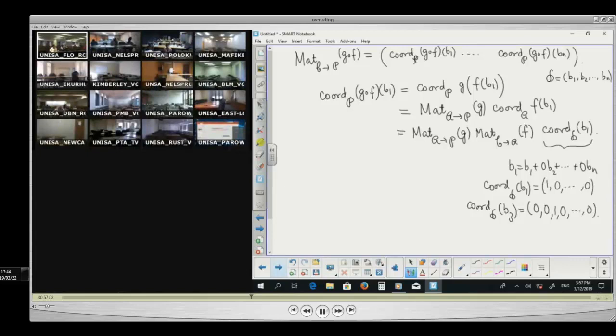This matrix times this is the first coordinate, the first column. For the second one, B2, the second column. But now if you write the coordinates of B1, B2, Bn, that is going to give you the identity matrix. So therefore, this matrix turns out to be this. So that's the proof.